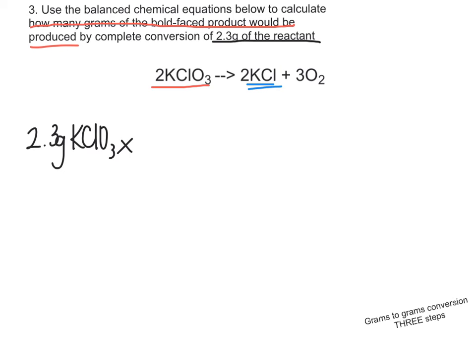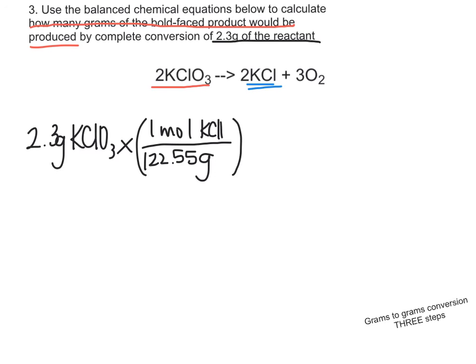Okay, so we're going to do our conversion here. Step 1 is to cancel grams of KClO3. So I'm going to do my grams to mole conversion using the molar mass. The molar mass of KClO3 is 122.55 grams per 1 mole of KClO3, so my grams cancel.